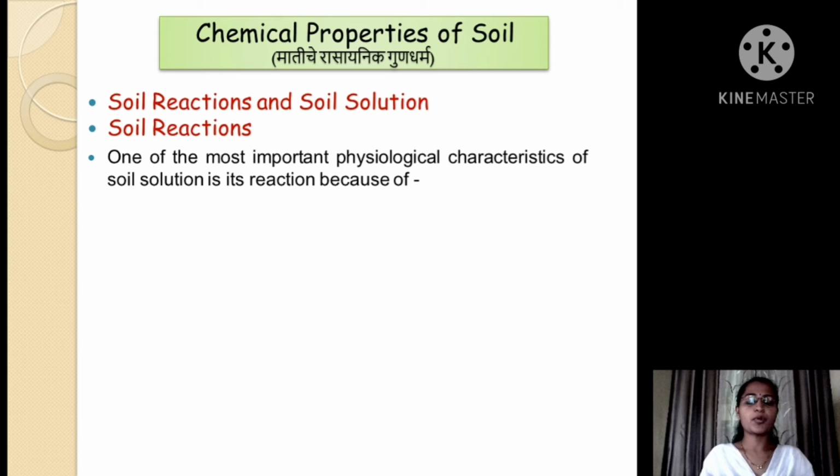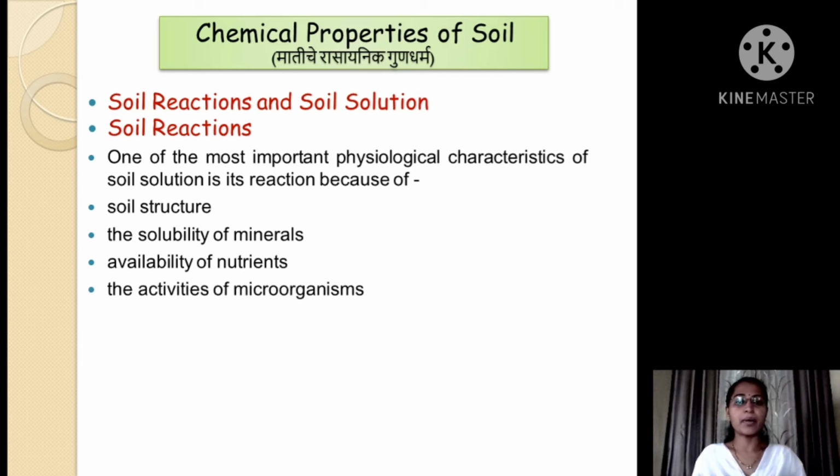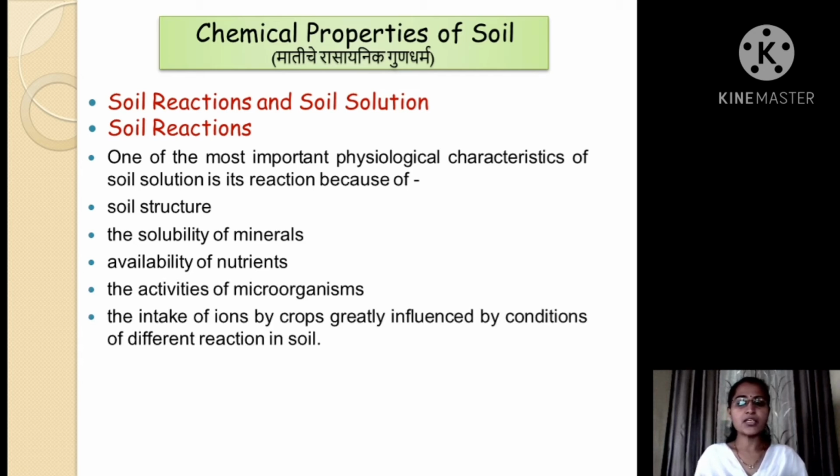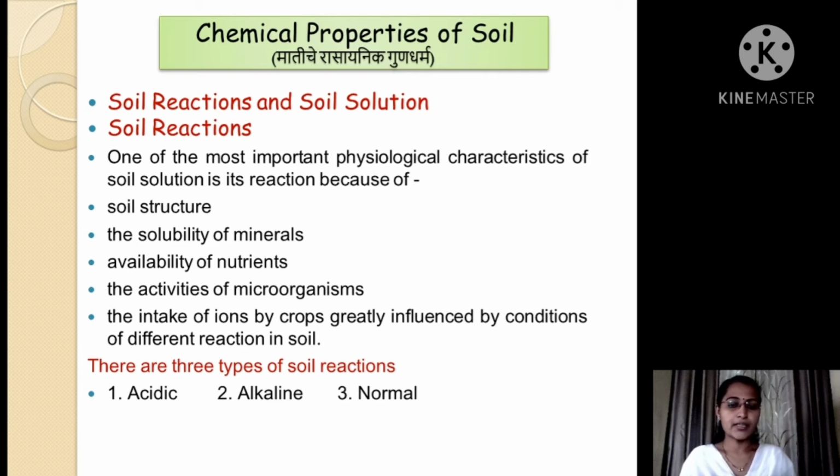One of the most important physiological characteristics of soil solution is its reaction, because soil structure, the solubility of minerals, availability of nutrients, the activities of microorganisms, and the intake of ions by crops are greatly influenced by conditions of different reaction in soil.